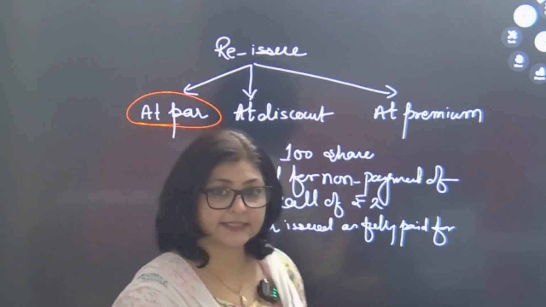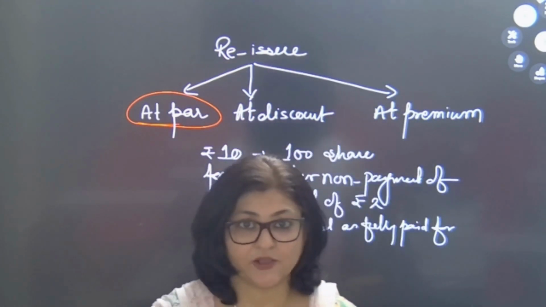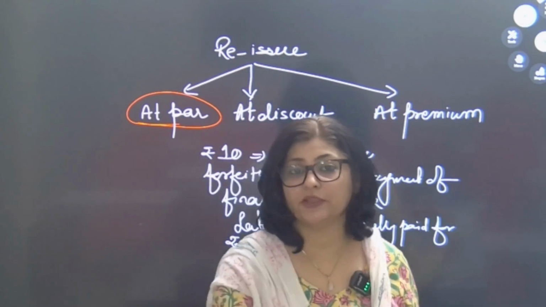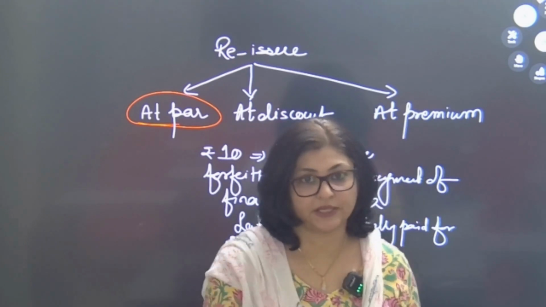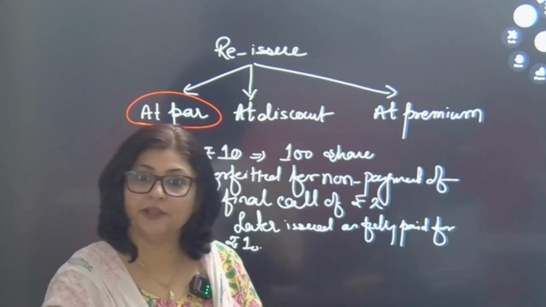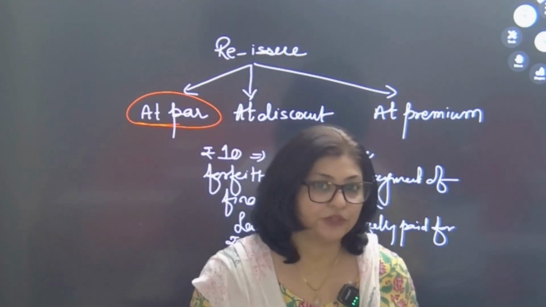Meaning, the first time when we issued the shares, our shareholder did not pay the last call, which was 2 rupees. Later on we reissued all these 100 shares, but this time also we reissued at rupees 10 only. No discount, no reduction in the price.